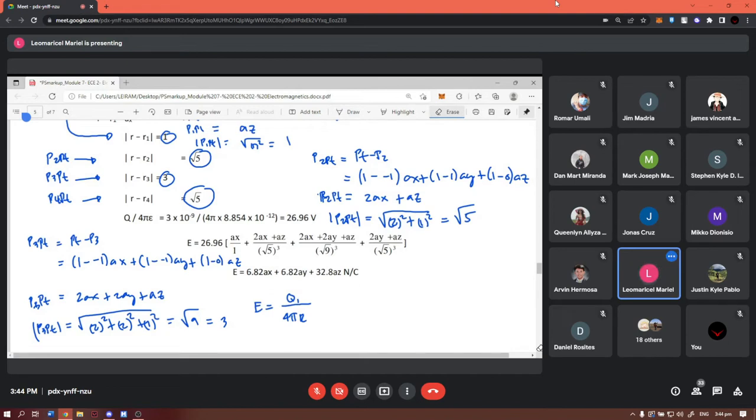Ang formula natin yan ay 4 pi absolute permittivity r square multiplied by unit vector A1t plus Q2 all over 4 pi absolute permittivity r square, okay, A2t plus Q3 over 4 pi absolute permittivity r square, A3t plus Q4 over 4 pi absolute permittivity r squared.